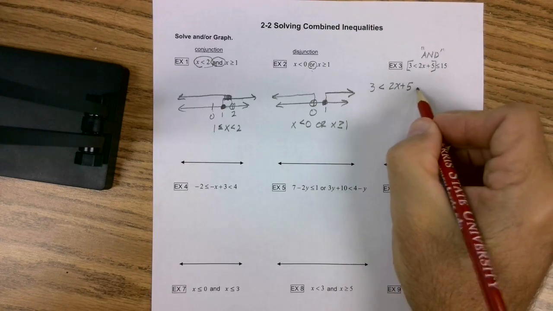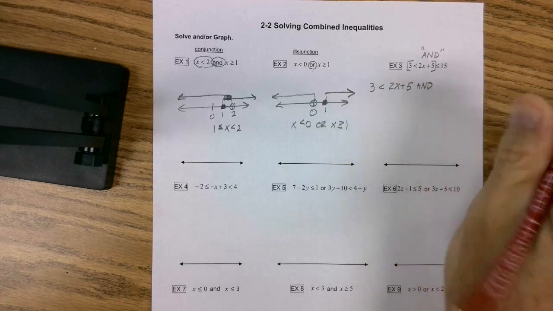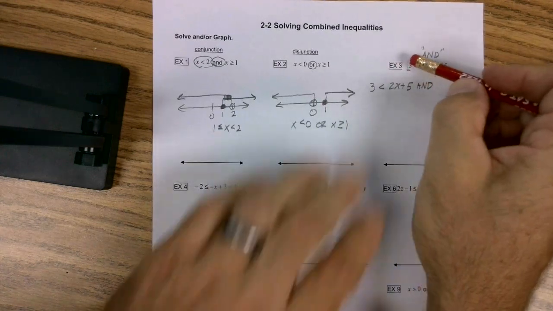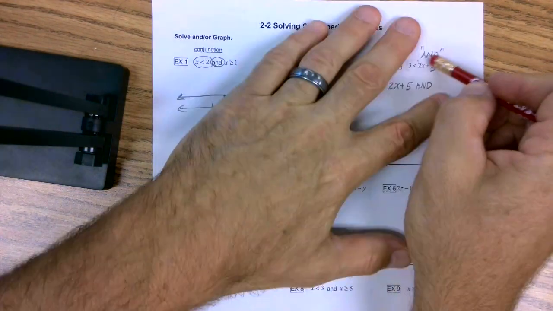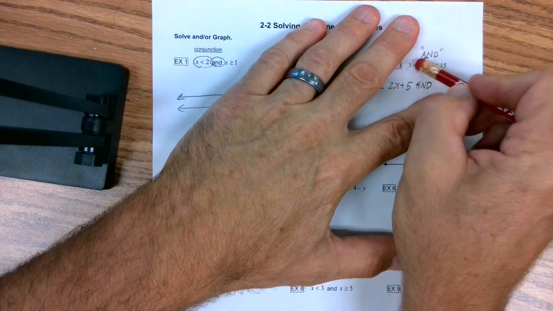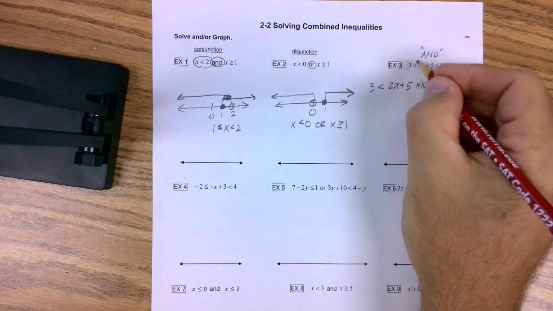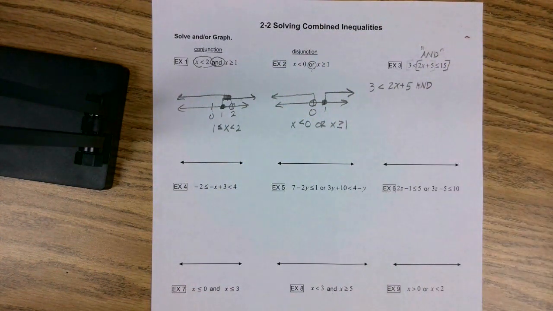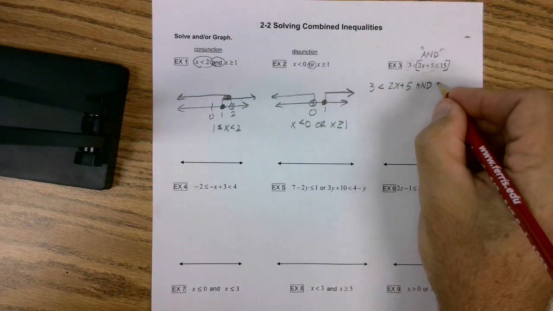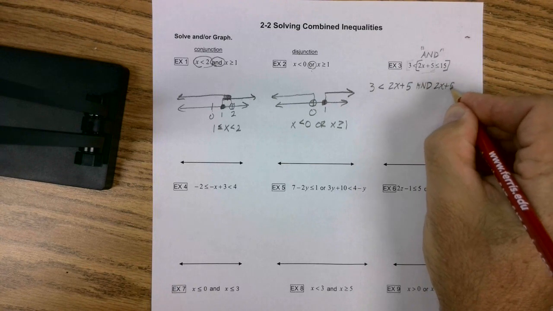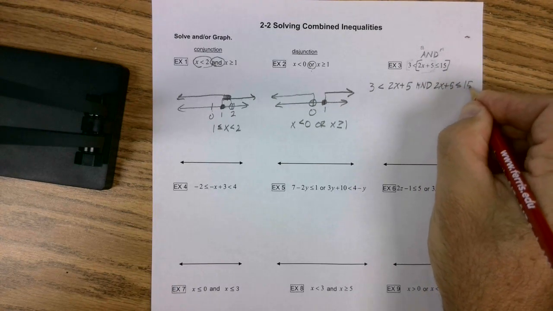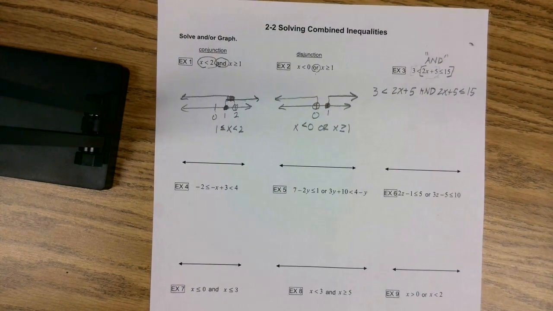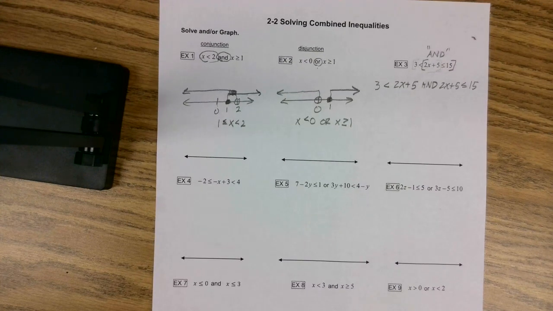But I know it's an and problem. And then I'm going to mentally think about the other side, and that is right here and right here. So it's and, then I look at this side, 2x plus 5 is less than or equal to 15.